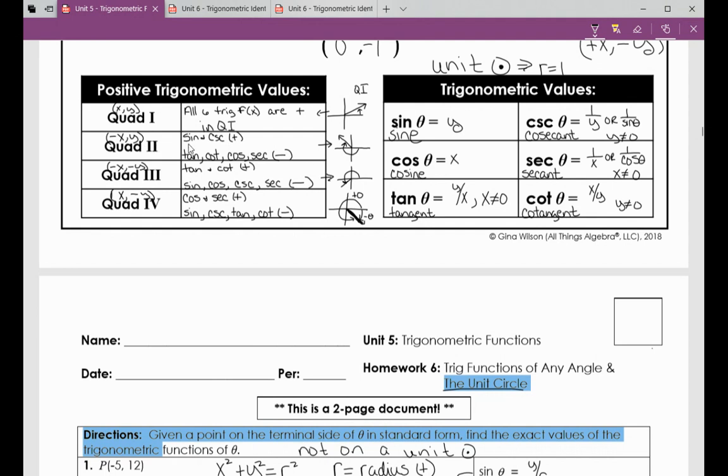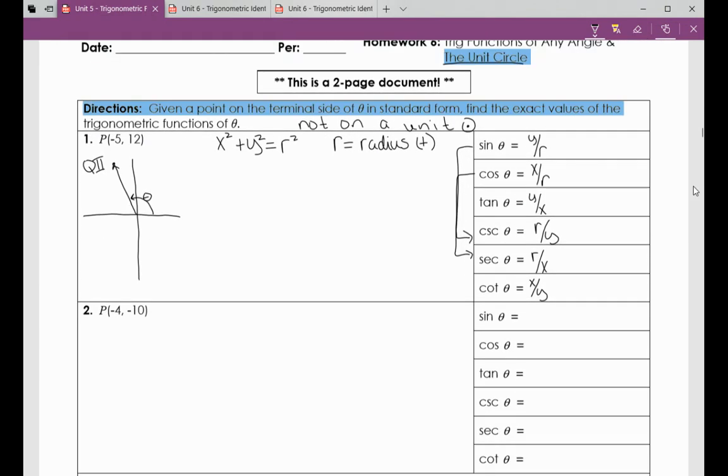In quadrant 2, the only positive terms are sine and cosecant. So I know that this will be positive, I know that this will be positive, and all my other outcomes are going to be negative, simply because the terminal side of the angle goes through this point, and that point is located in quadrant 2.